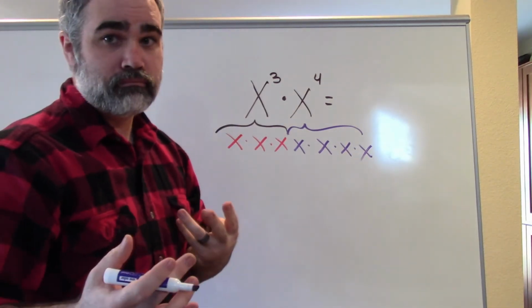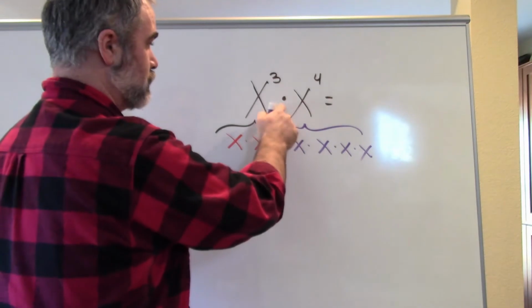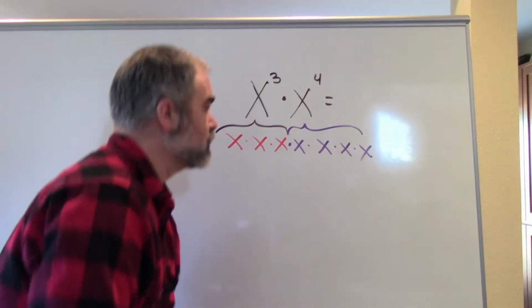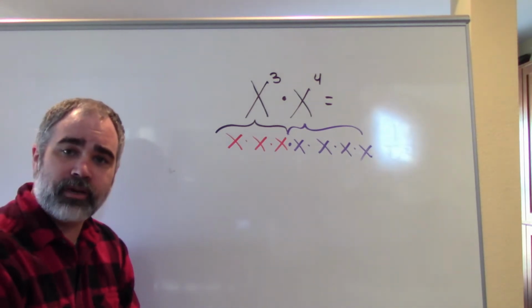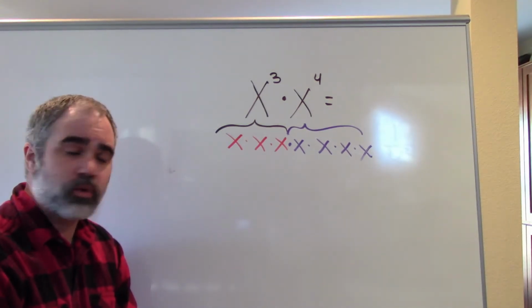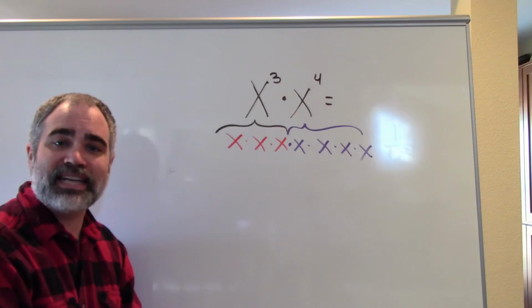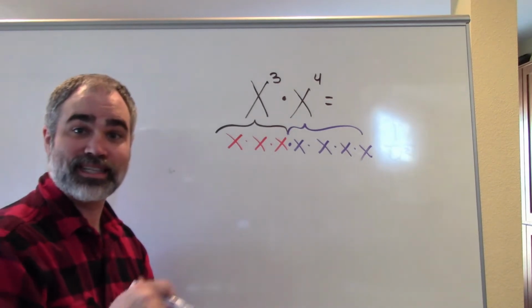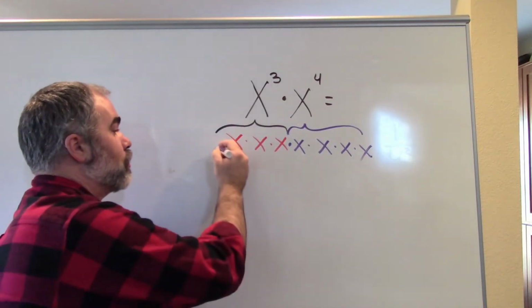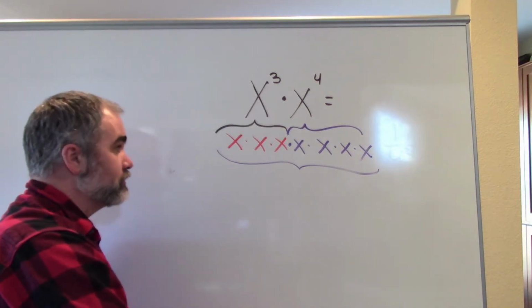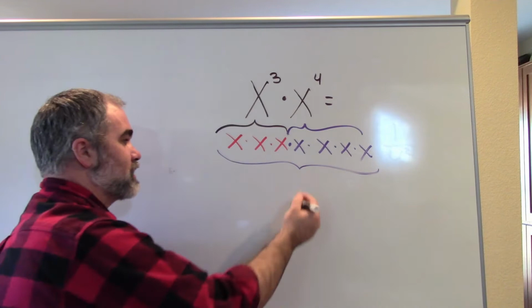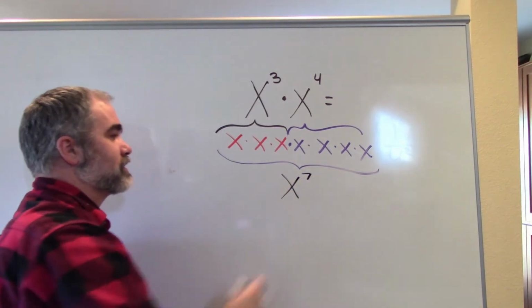And, well, how are they connected? With multiplication. So if I write all of these numbers out, because remember, variables are just numbers, now I see that what I've actually done here is I've multiplied x by itself 7 times. This whole thing together, if I think about it, isn't x to the 12th, it's x to the 7th because I've got 7 x's that are multiplied together.